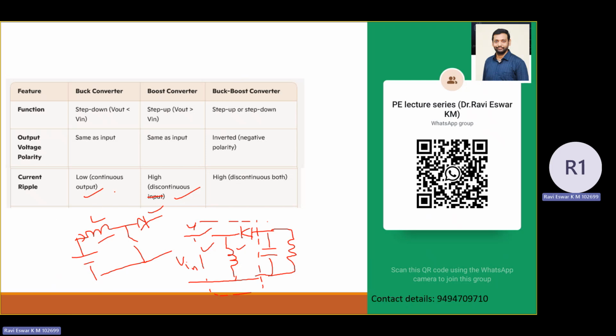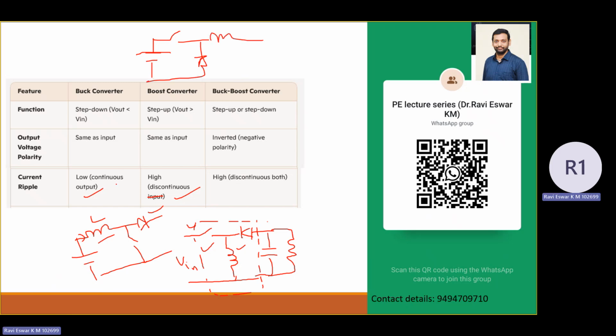For the buck converter, the output current is continuous, but at the input side, similar to the buck boost converter, there is a switch. At the input side you have a switch, here there is a diode, and there is an inductor at the output side.